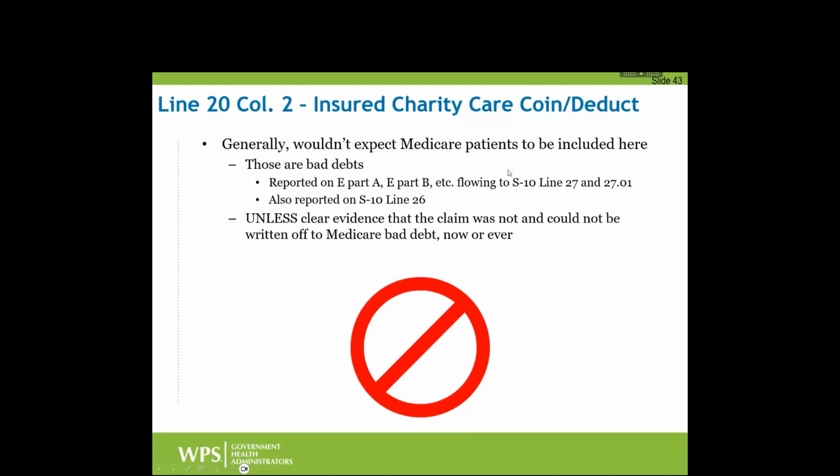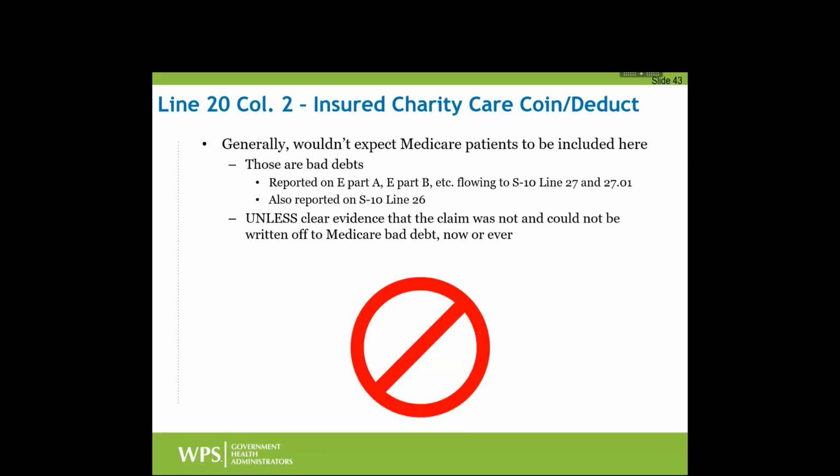Now, here's the other thing to note about column 2. It's insured, and Medicare is an insurance, so one might think that, hey, it's perfectly fine for the Medicare charity care to be included here. The problem is Medicare quote unquote charity care is also referred to as Medicare indigent bad debts.